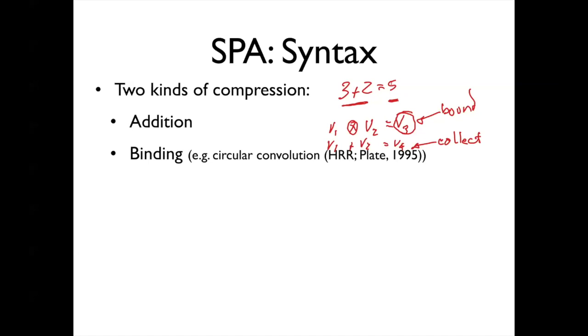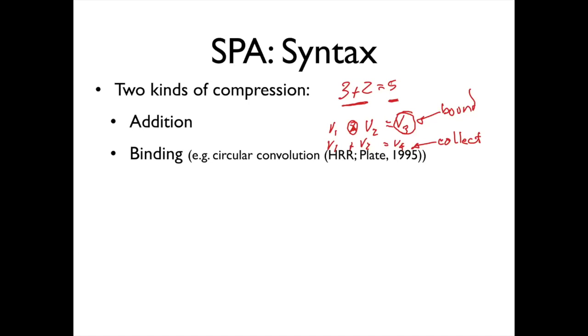And for collected vectors, the dot product between the output and the 2 inputs will be equal and some fairly high number. So the examples that Terry was showing previously, where he took cat and dog and put them in the same memory, they were essentially added together, and the dot product between what was in the memory and each of those vectors was high. If we do that with a bound vector through circular convolution, the similarity between each of the inputs and the output will be very low, close to 0.